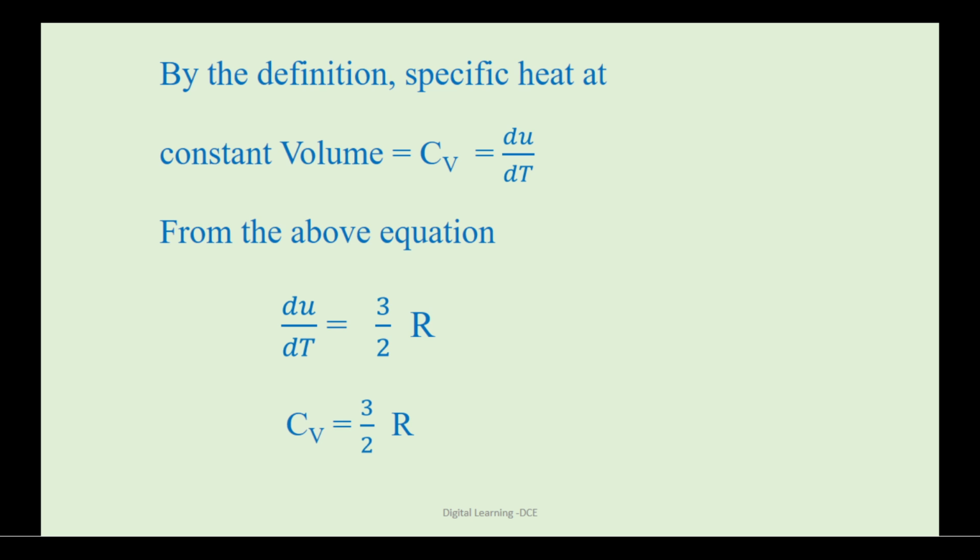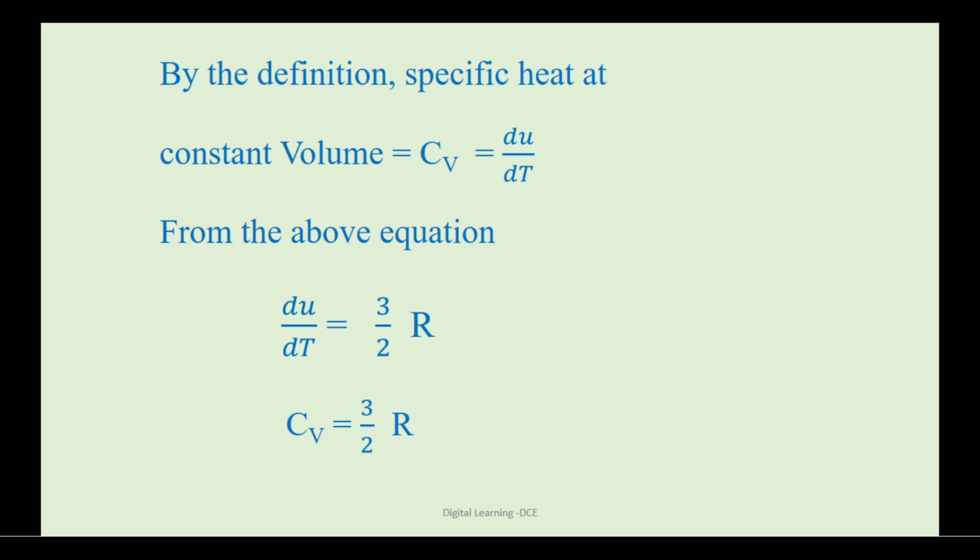By substituting the term Cv in the place of dU by dT, we get Cv is equal to 3 by 2 R, that represents specific heat capacity at constant volume, that is heat required to raise 1 unit mass of gas through 1 unit of temperature at constant volume.